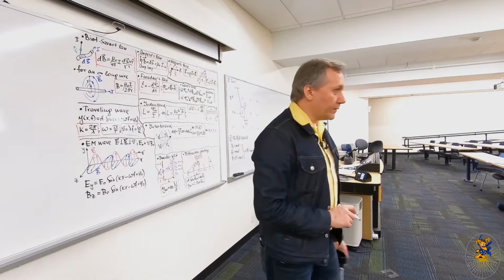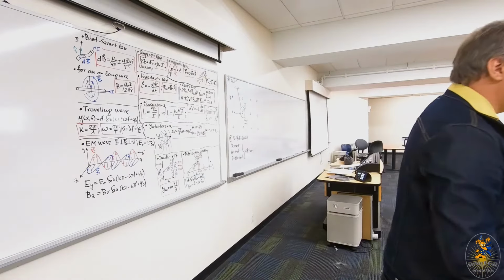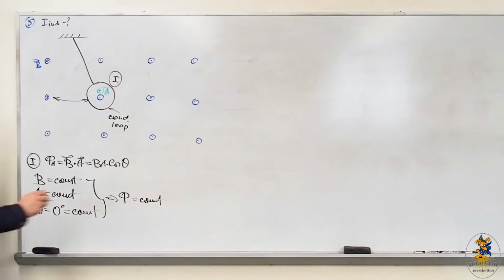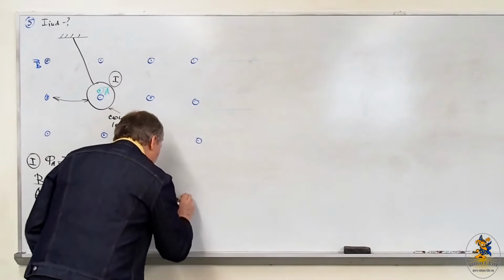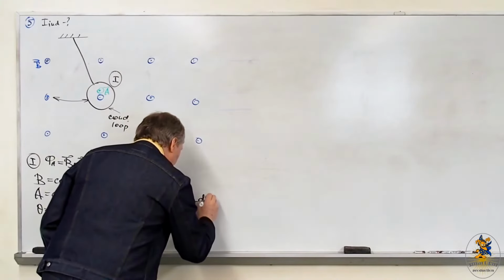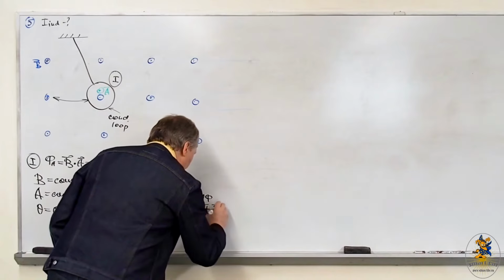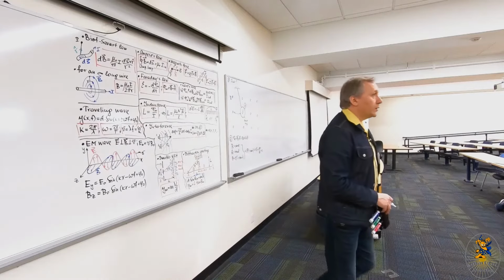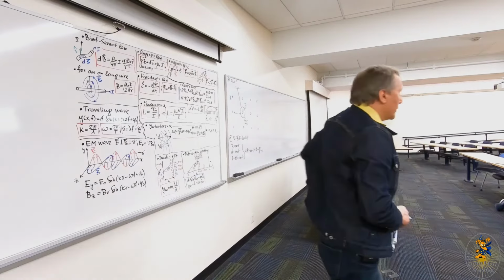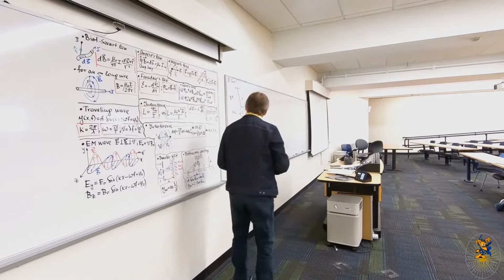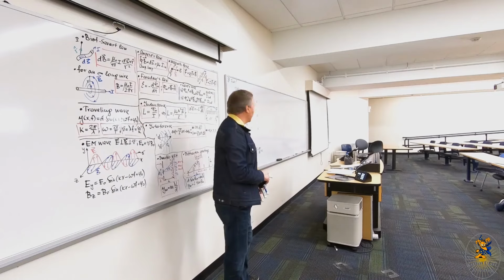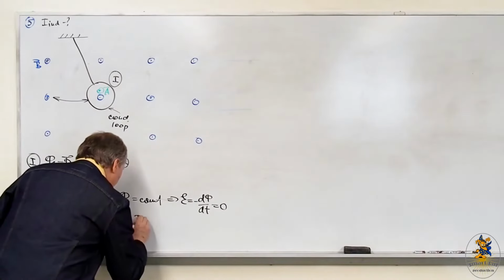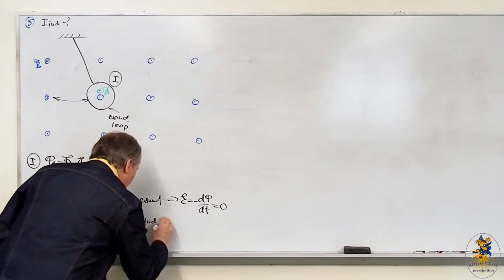As a result, EMF is going to be 0, because EMF equals minus d phi over dt. So as a result, it's 0. No EMF, no induced current in this situation. So situation 1, no induced current. We can say that I induced equals 0.